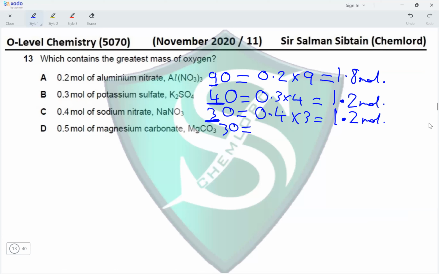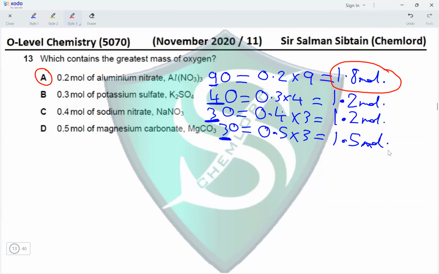And the last one, we've got 3 moles of oxygen. So 0.5 times 3 gives us 1.5 moles of oxygen. So the highest value here is 1.8. That means 0.2 moles of aluminum nitrate would contain the greatest mass of oxygen, making option A the correct option for this question.